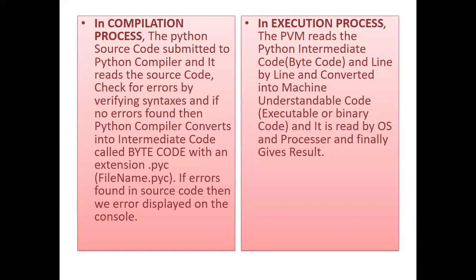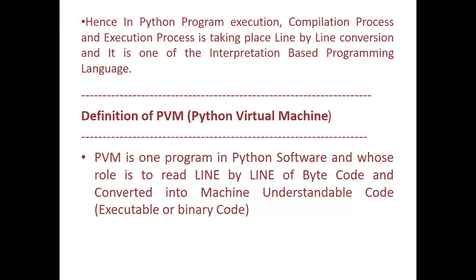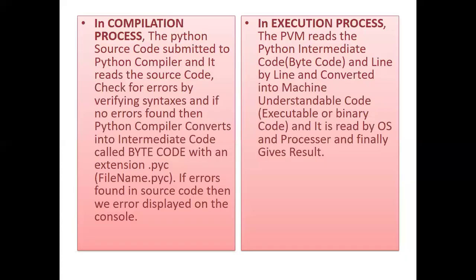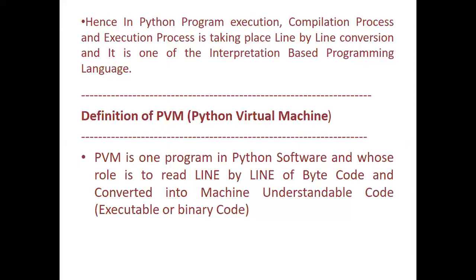In the compilation process, the Python source code is submitted to the Python compiler, which reads the source code, checks for errors, and verifies the syntax. If no error is found, the Python compiler converts it into the intermediate code called bytecode with an extension .pyc, which is an internal process. And if an error is found, then the error is displayed on the console.